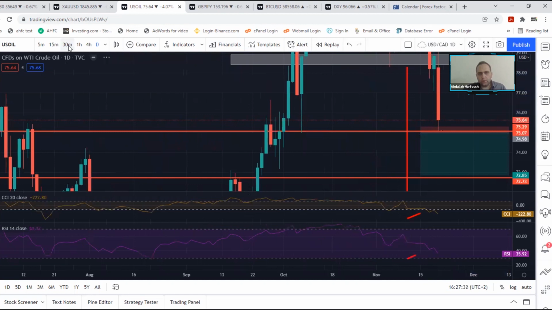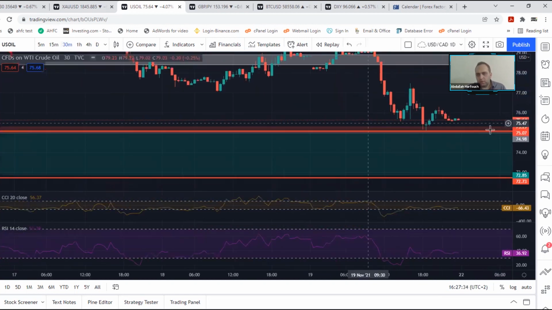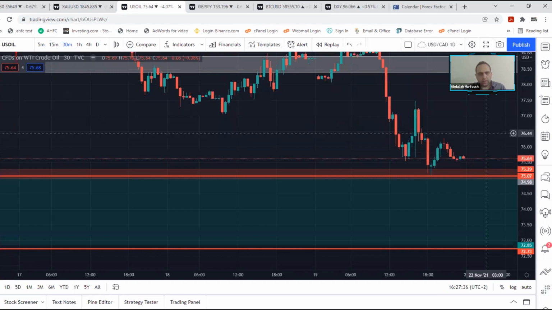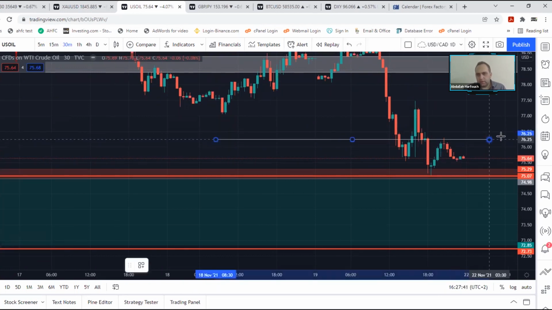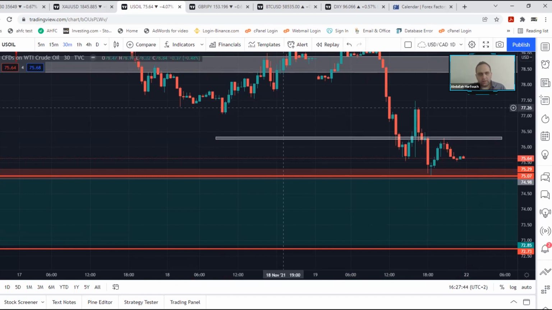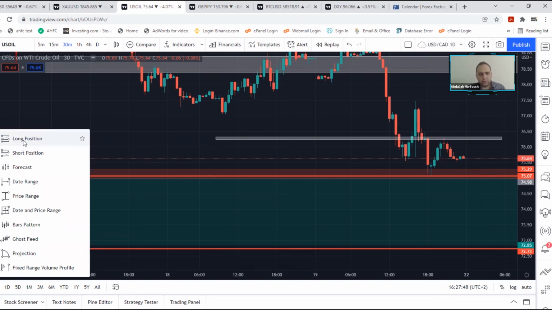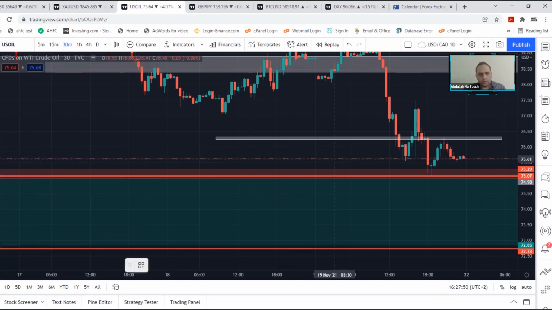If we go to a lower time frame, it shows us the break better here. We have this support level, it is critical, and this resistance level now. If it breaks up through the support zone, we take buy orders.